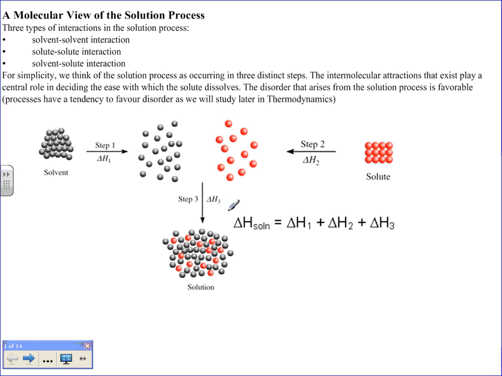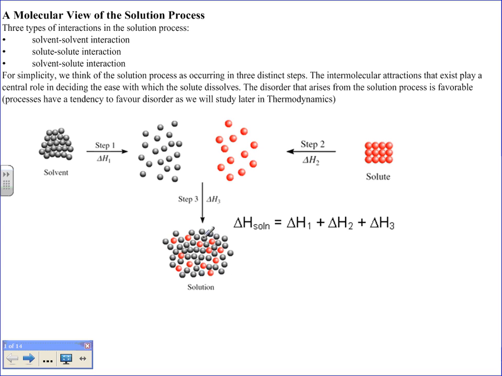Now when we study thermodynamics later, what you'll learn is that there are two parts of forming a solution that might be favorable. If an exothermic reaction is produced, then that is a favorable process. But also, one of the energetically favorable parts of forming a solution is that a solution has greater disorder.